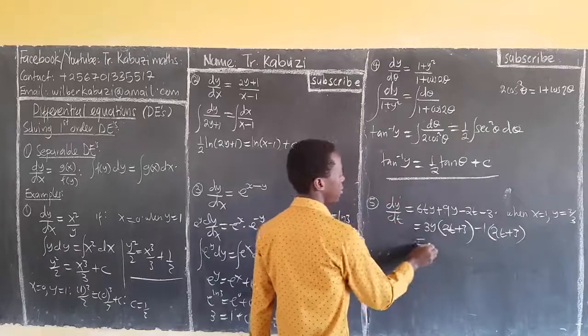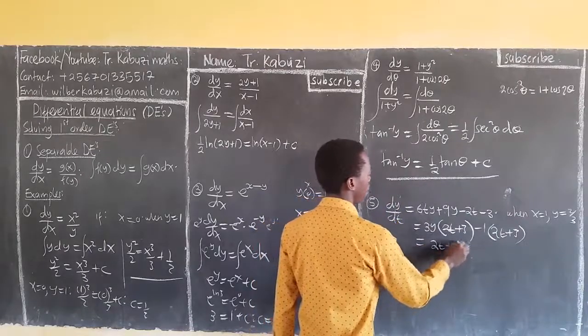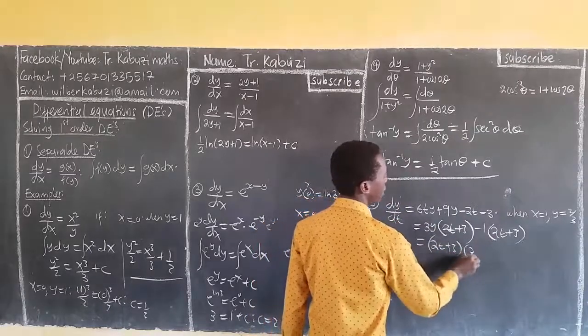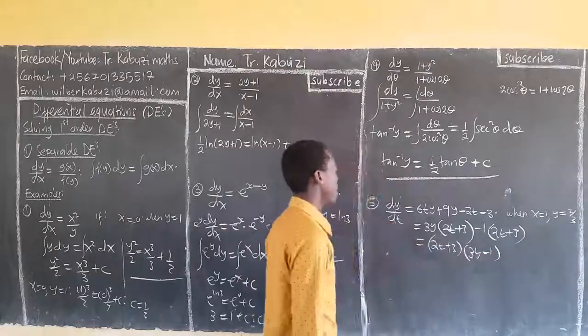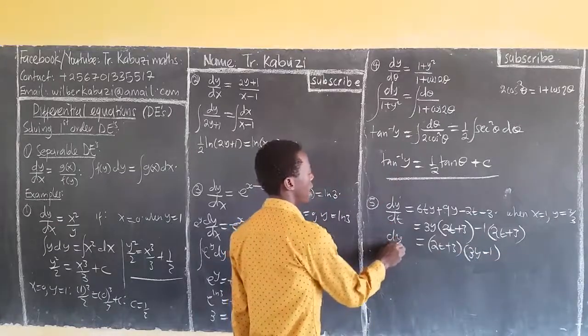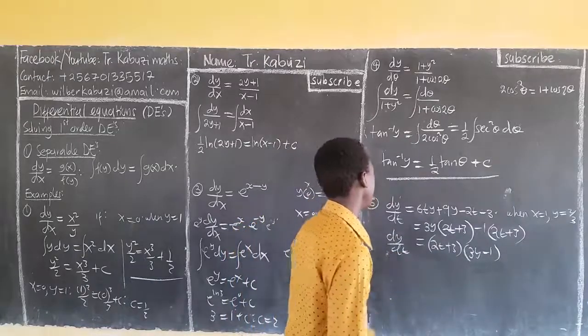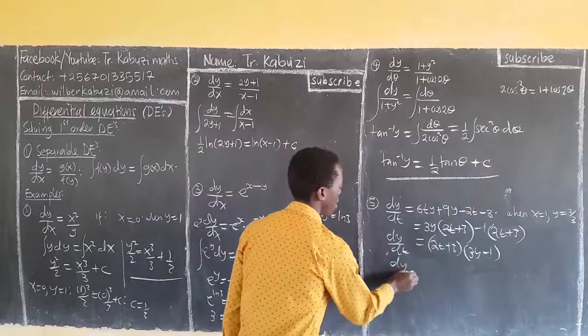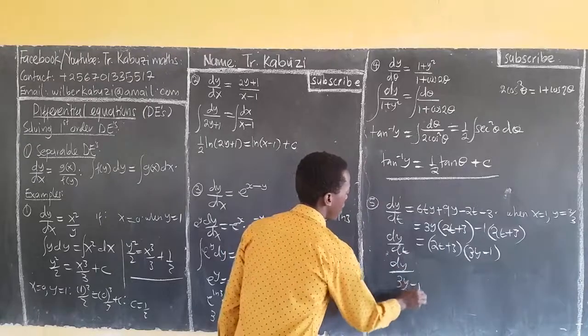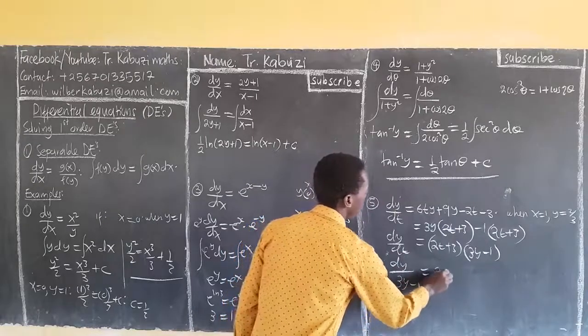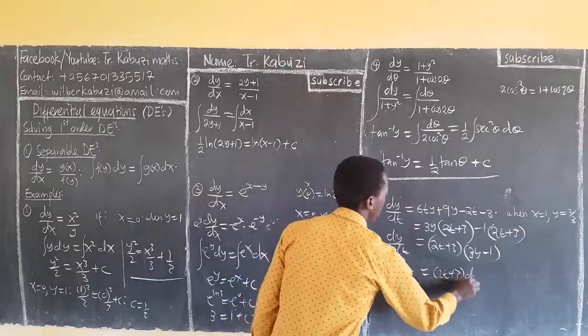If you factorize out 2t plus 3, because it's common, here I have 3y minus 1. Now, this is equal to 0, dy/dt. And from there, I separate. I bring this side and take this side. So we have dy over 3y minus 1 equal to 2t plus 3 dt.